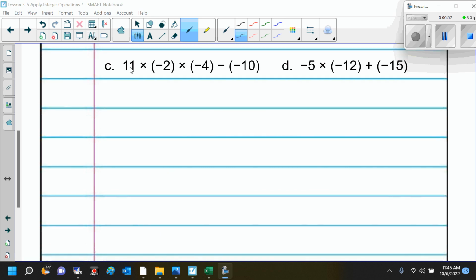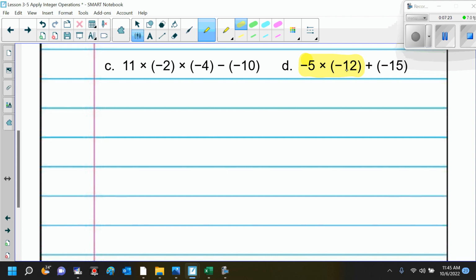So here we have, you know what, let's do this one together. So we've got, let's do letter D together. We've got negative 5 times negative 12 plus negative 15, okay? So on this one, what are we going to do first? We're going to do the multiplication first. Very good.